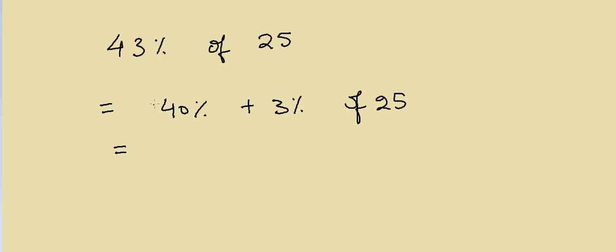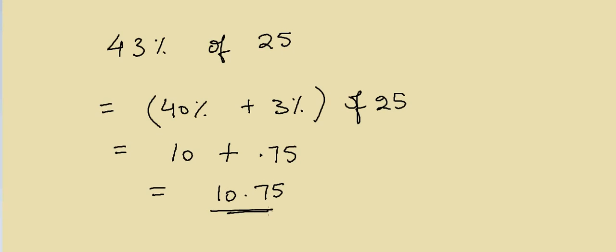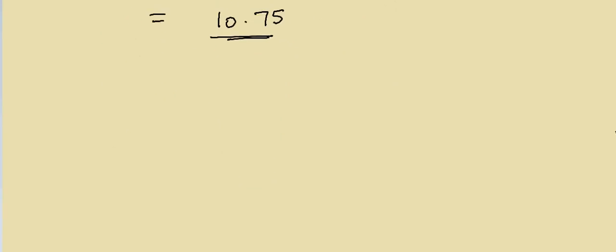So 40% of 25, 4 into 25, that is 10, and 3%, so 3 into 25, 0.75. So the answer is 10.75. So it's how you work or imagine these numbers in your brain. If you practice, you should be able to quickly do that.